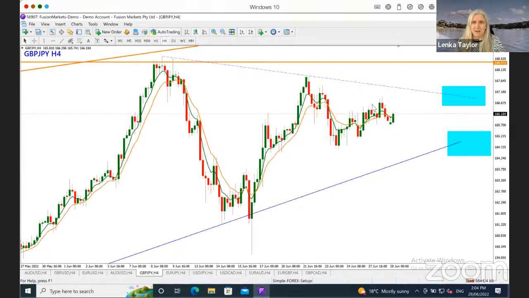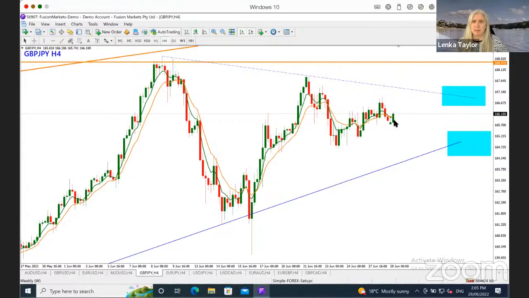So I am a little bit undecided, not really sure where this is going to go. I need to see the price action really go to either the top resistance line or the top of the channel where it's currently going for a short, or a breakthrough of that trend line underneath for a short.